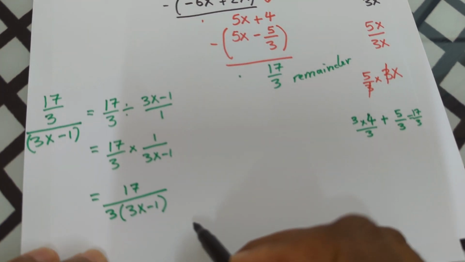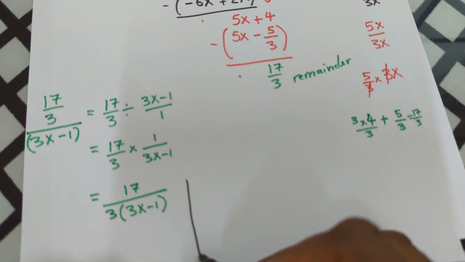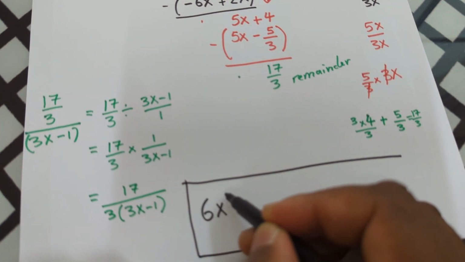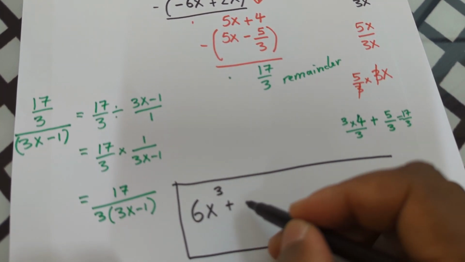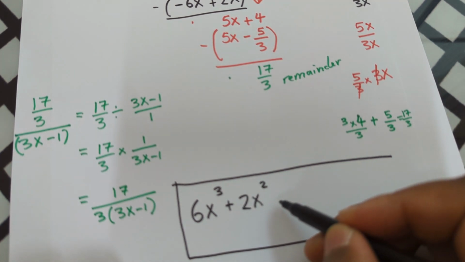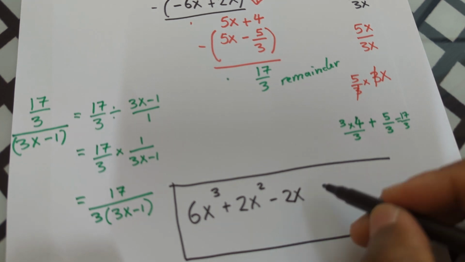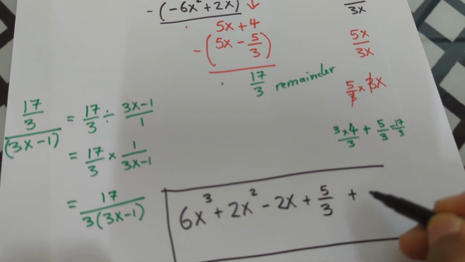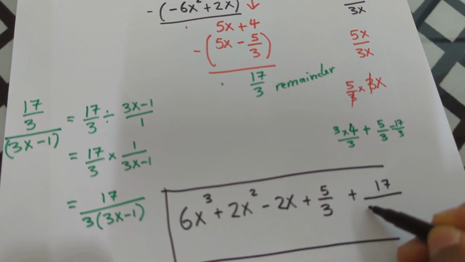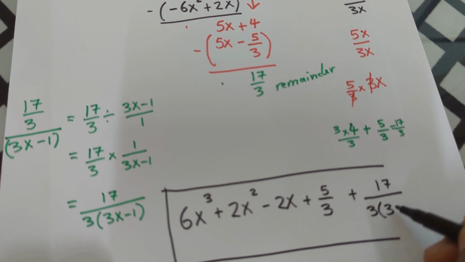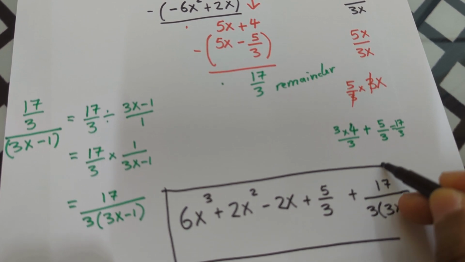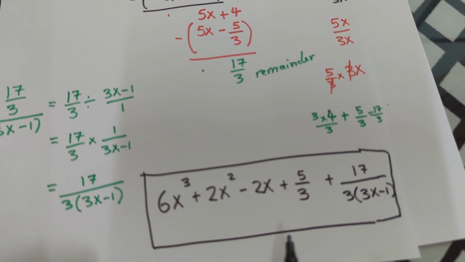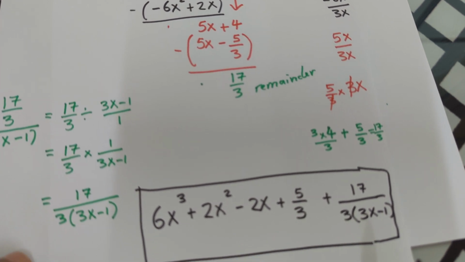So our final answer will be 6x to the power 3 plus 2x squared minus 2x plus 5 over 3 with our remainder, then plus 17 over 3 open bracket 3x minus 1 close bracket. So this is our final and simplified answer to question number 7.